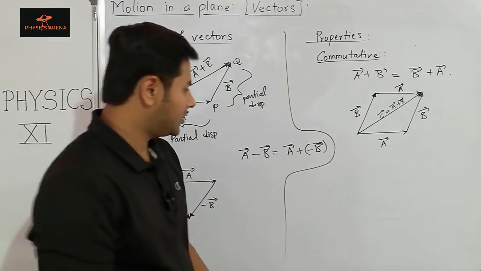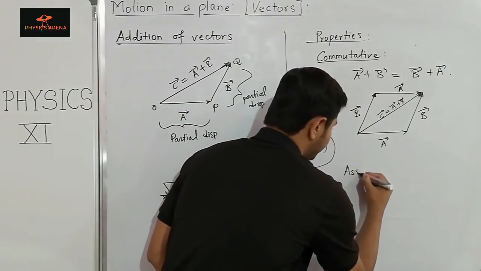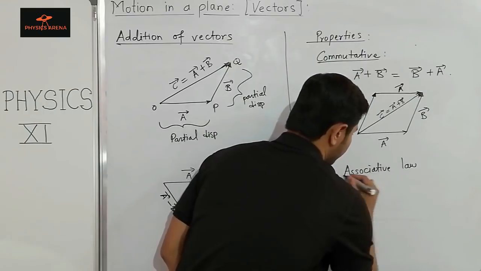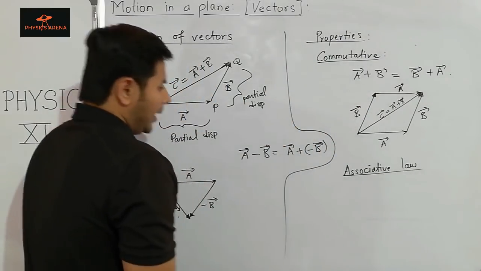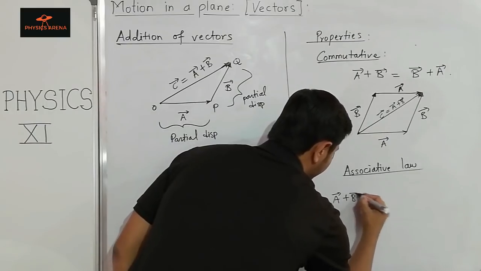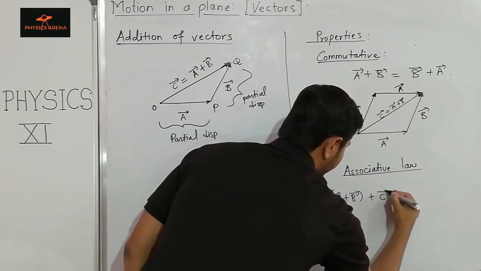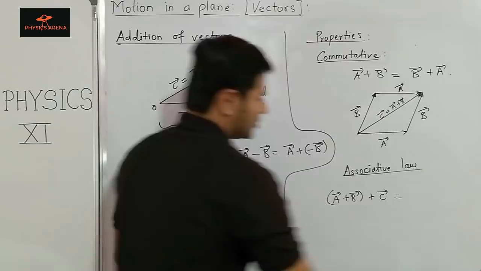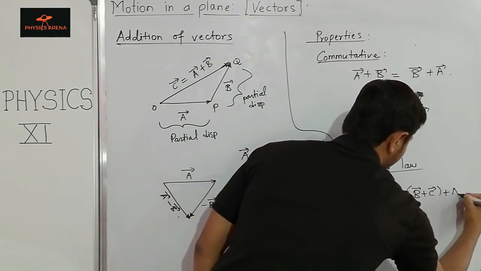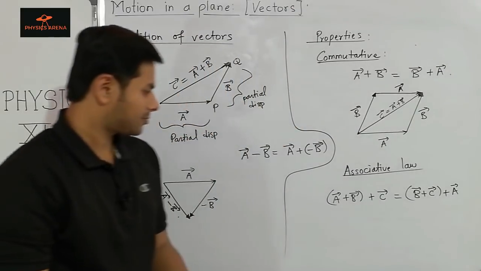The next rule is the associative law. And it says that a bar plus b bar plus c bar is equal to b bar plus c bar plus a bar.